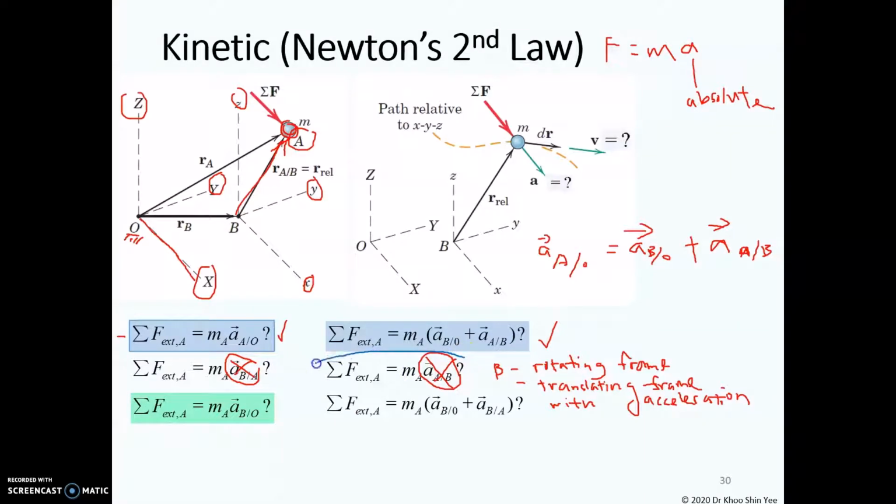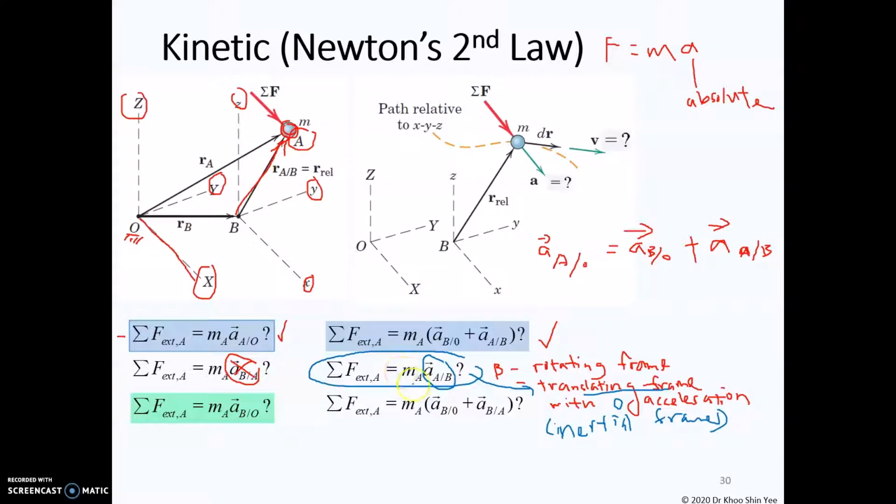This equation is valid if B is a translating frame with constant velocity or zero acceleration. So in this case, this equation will be valid for a translating frame with zero acceleration. It's still considered an inertial frame, and the acceleration of A with respect to B is absolute.